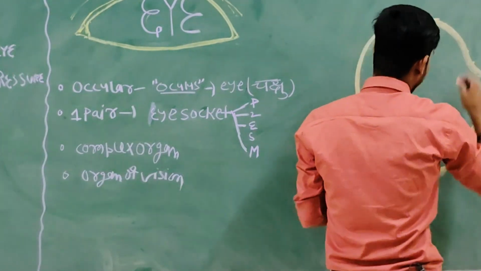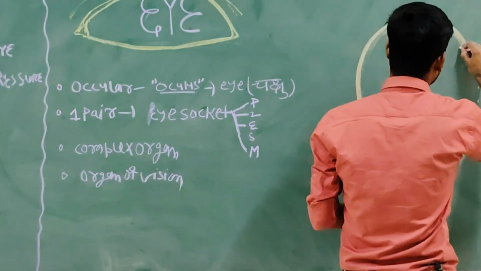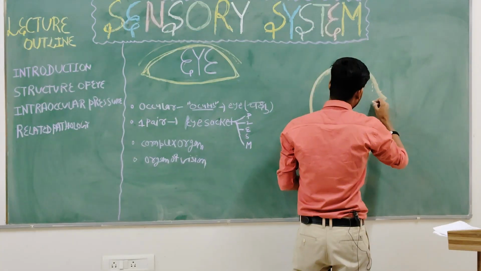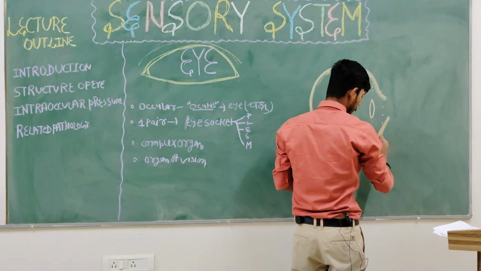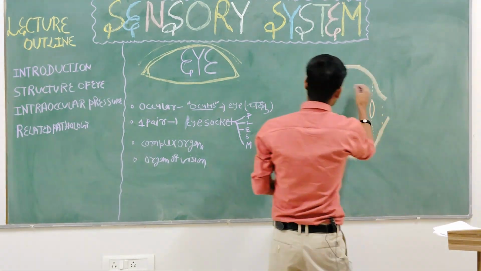Now we are drawing the diagram of the eye, and here is your lens. First I draw, then describe it.